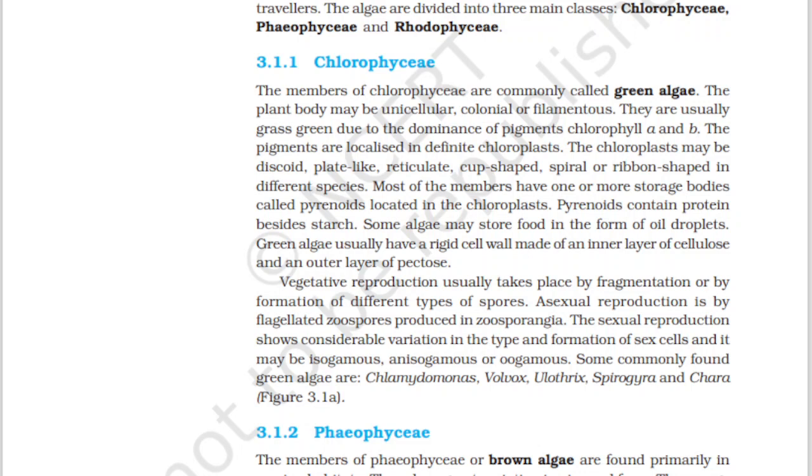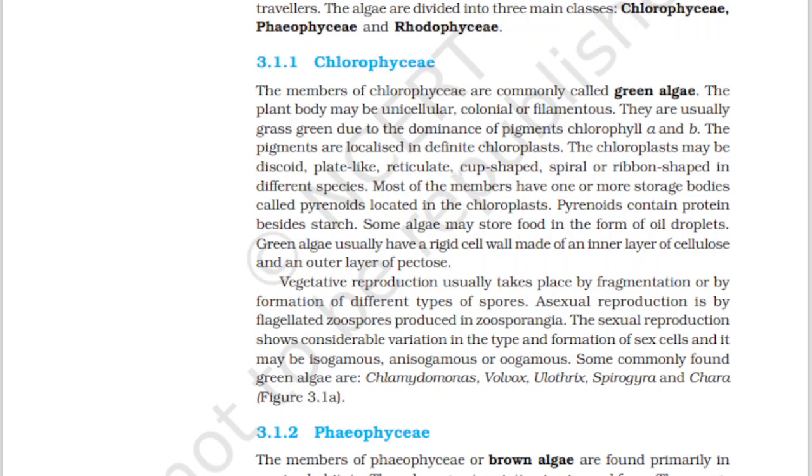We already learned about isogamous, anisogamous, and oogamous. Some commonly found green algae are Chlamydomonas, Volvox, Ulothrix, Spirogyra, and Chara. Okay, all these five are examples for Chlorophyceae, which are green algae.